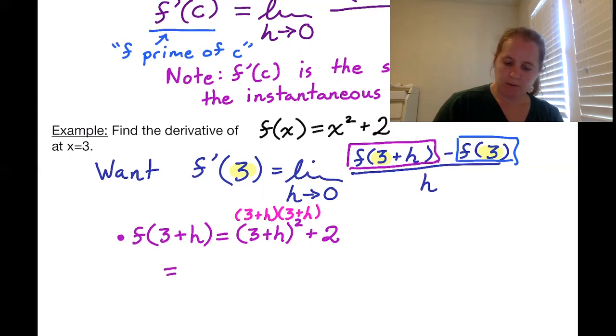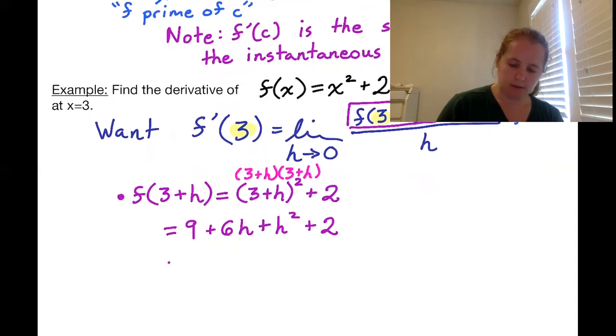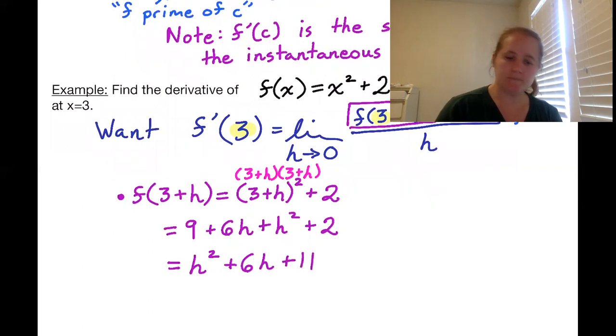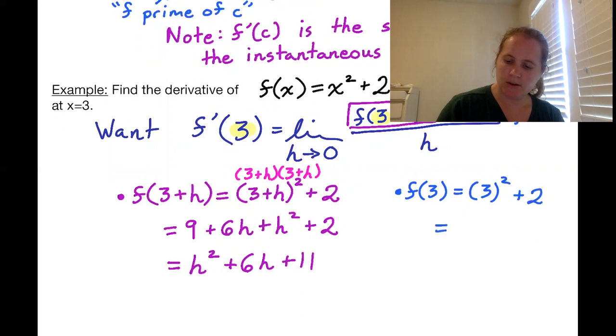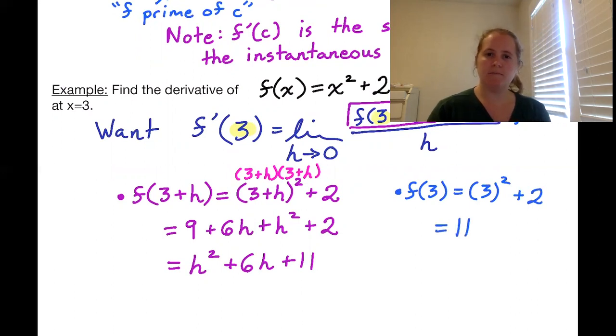So we wind up with 9 plus 6h plus h squared, and then we add 2. If we rearrange this and combine like terms, we are simply looking at h squared plus 6h plus 11. Then the other thing that we needed was f of 3. So f of 3, we have 3 squared plus 2, better known as 11.